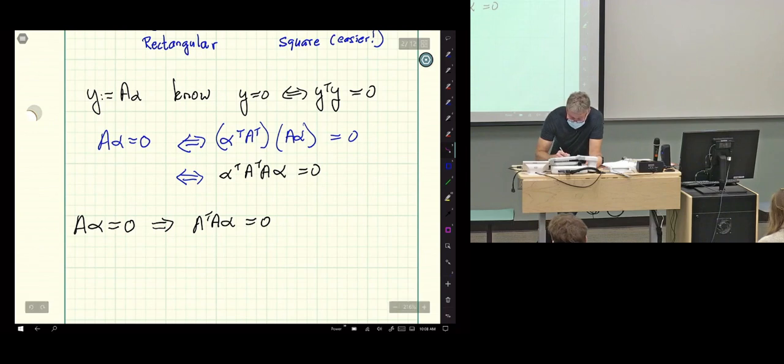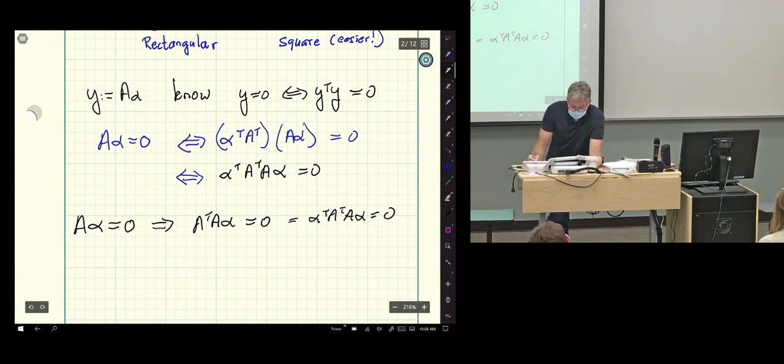And if this is 0, I can multiply by anything over here, and I'll still get 0 because I'll multiply both sides. That'll be 0 equals 0. Okay, and now I do my alpha transpose A alpha equals 0.